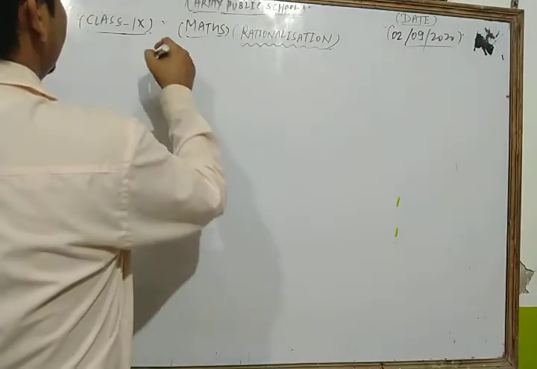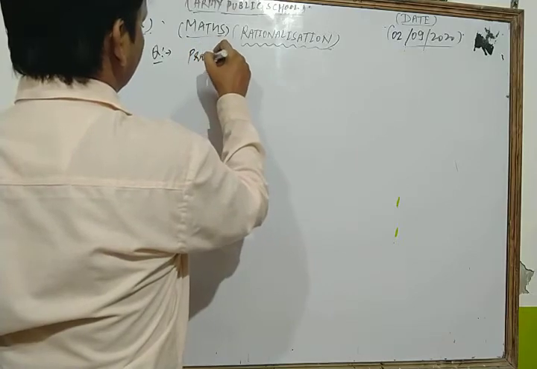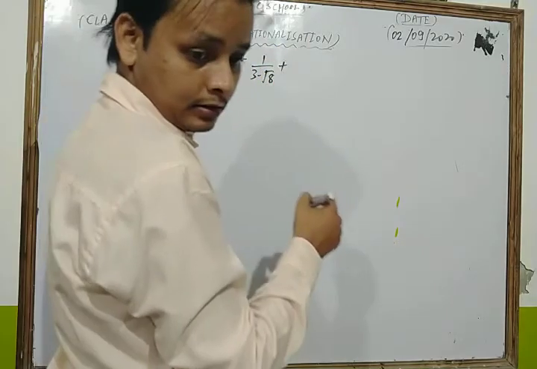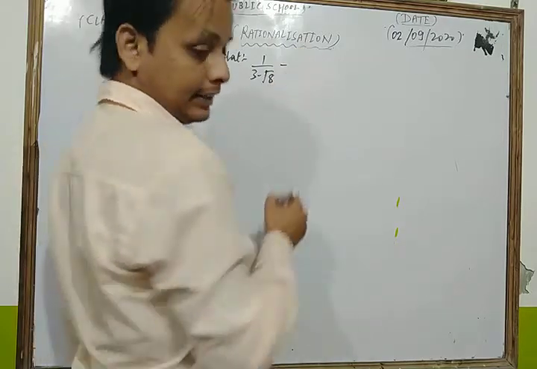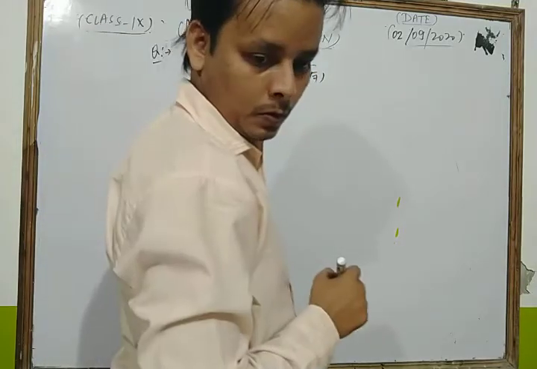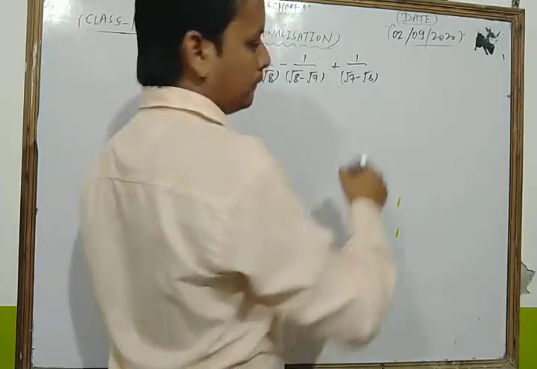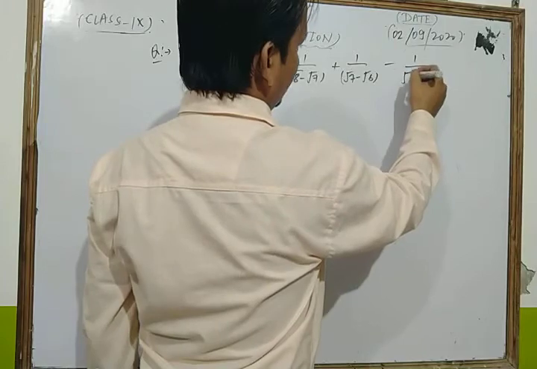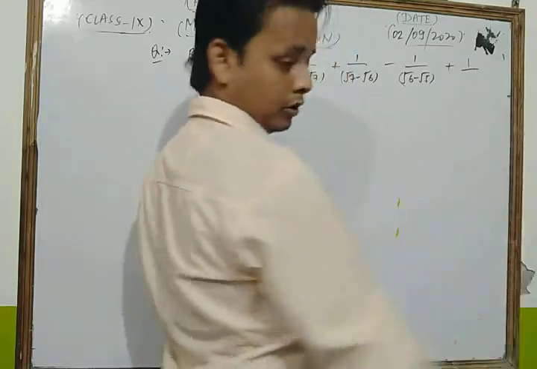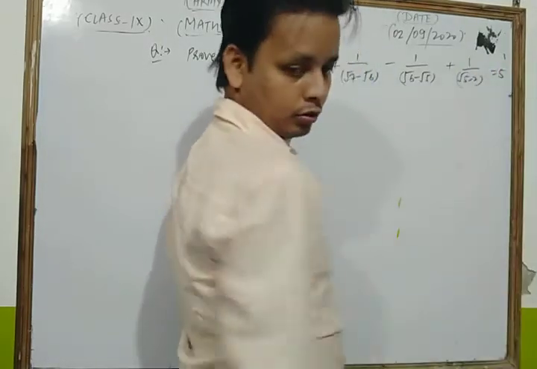Let's see the next question. Prove that 1 upon 3 minus root 8, minus 1 upon root 8 minus root 7, plus 1 upon root 7 minus root 6, minus 1 upon root 6 minus root 5, plus 1 upon root 5 minus 2, is equal to 5.